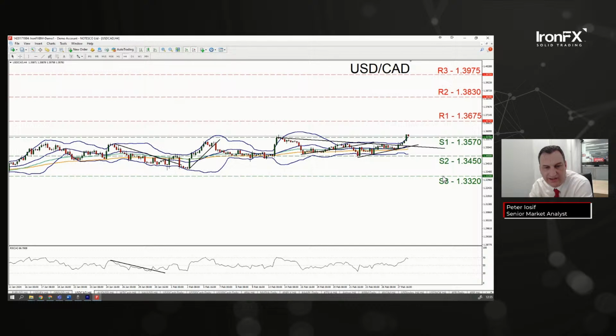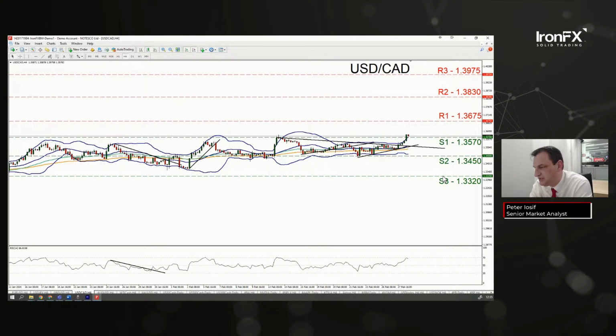Mind you that the leader, the factor which is generating the movement, is oil and not the Canadian dollar. At this point, it would be interesting to have a look at oil prices, but before we actually switch to WTI's chart, let's discuss USD CAD.